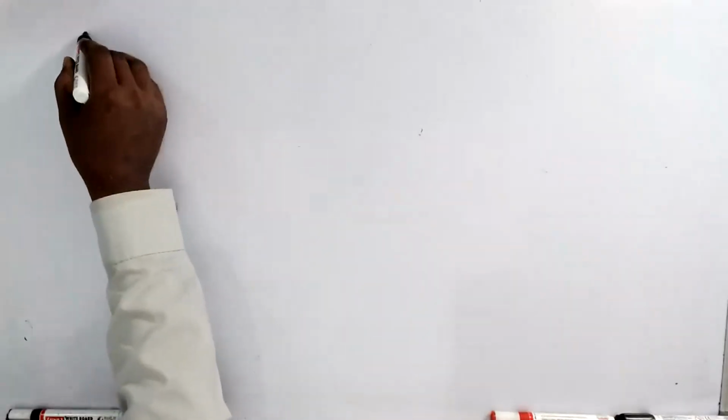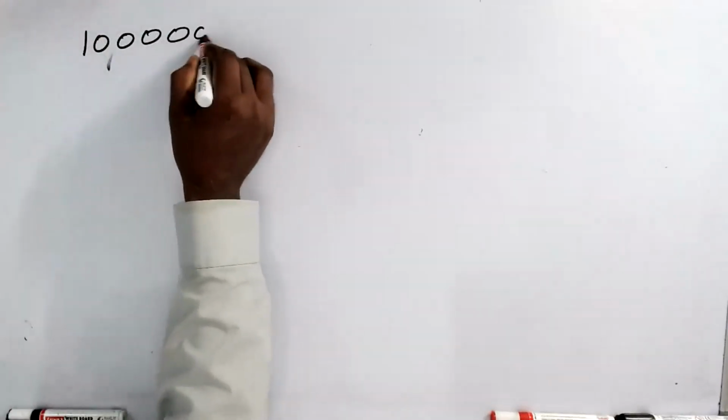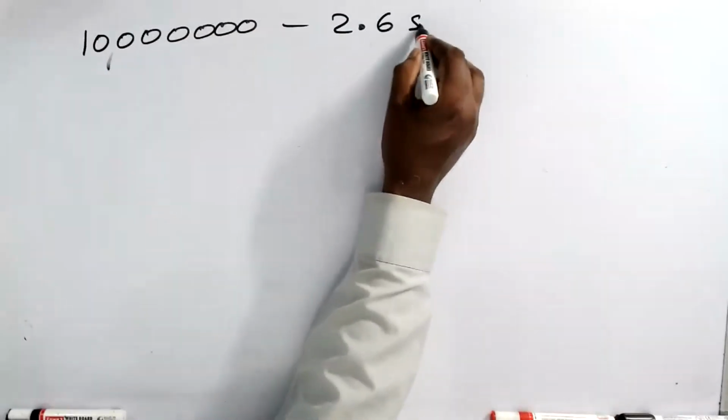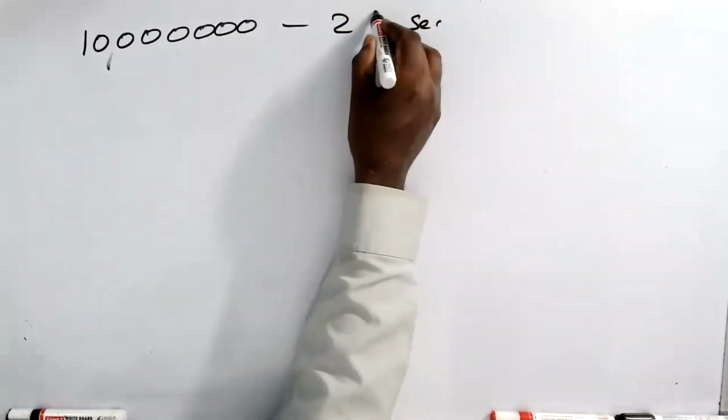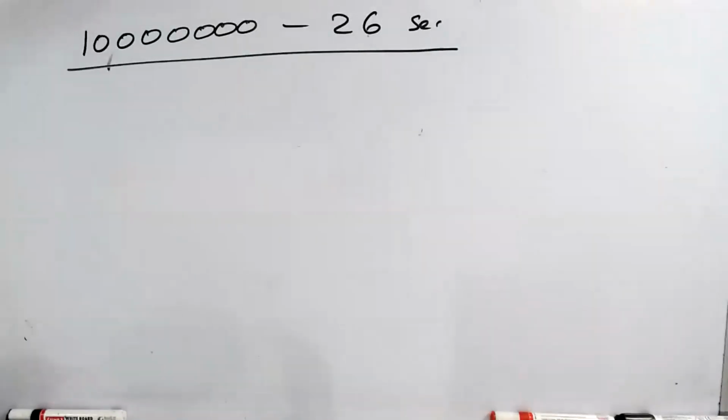Now we know one piece of information. You have created a delay for 1 crore, 2.6 seconds. Sorry, 26 seconds. This is what you have calculated. Fine. Nobody will tell you this. No documentation, nothing. Only you have to find it out.